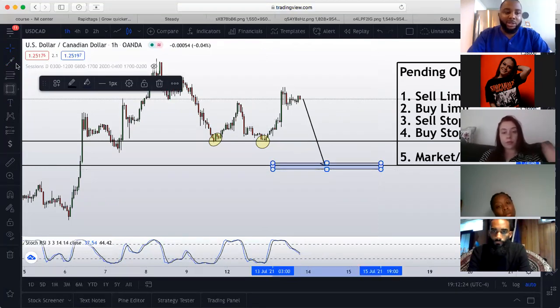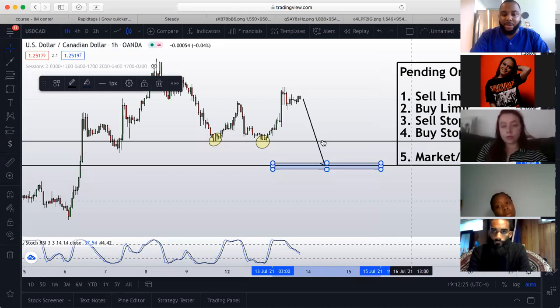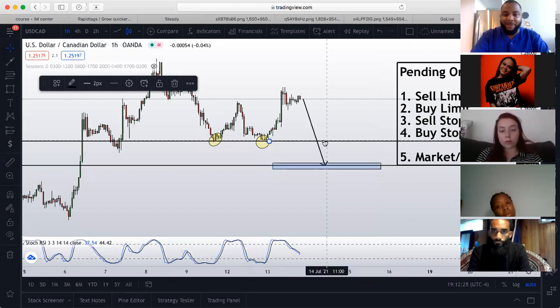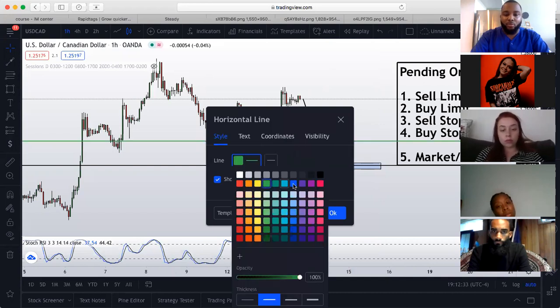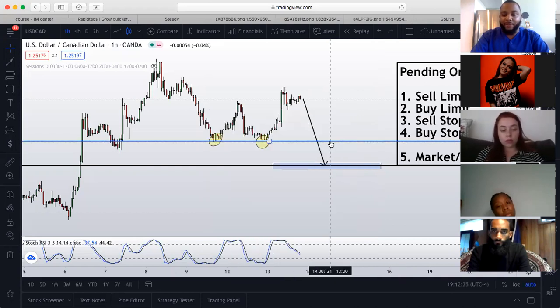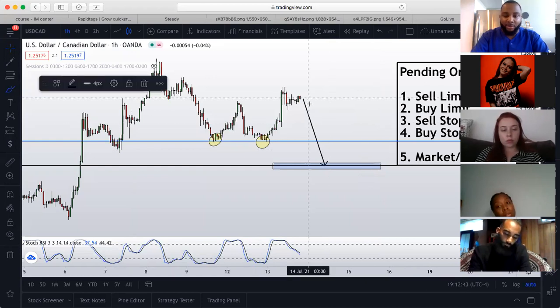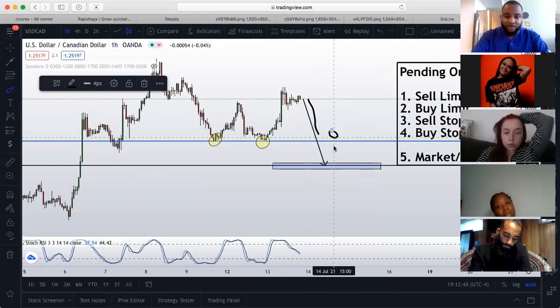We would set, ladies and gentlemen, a sell stop at this line, and I'll change the color, and we'll make it blue. At this blue line, we put a sell stop. I like to use the example of it literally being like a bus. If the bus is going down, it's going down, it's going down, and then here you are waiting for the bus, okay?